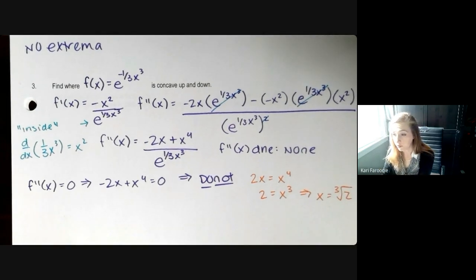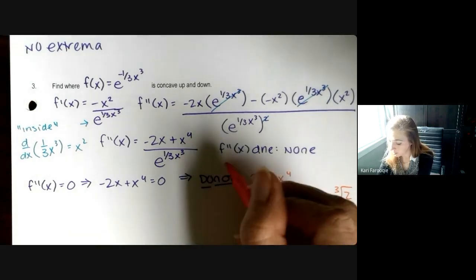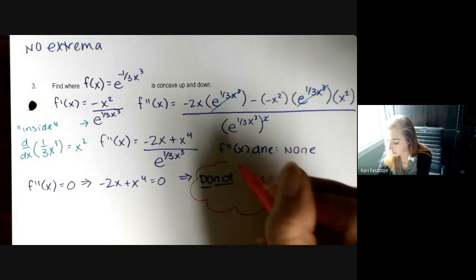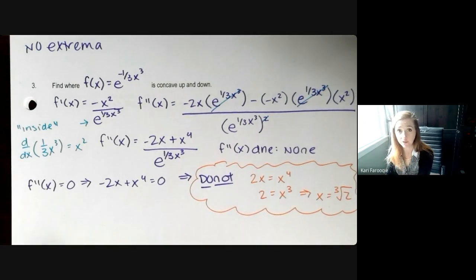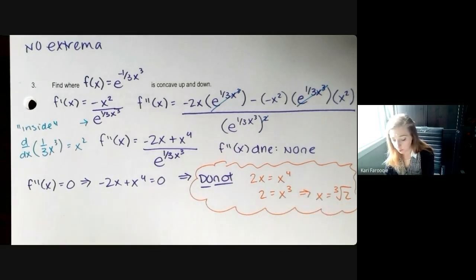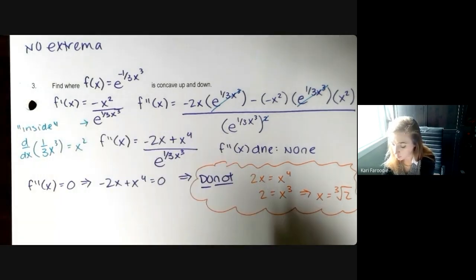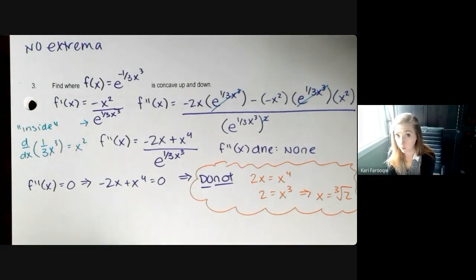That's close. But remember that when you do this, you've canceled out a factor of x on both sides of the equation, and you lost a solution there. So even though, yes, this is going to be one of our solutions, we can't do it that way, or we're going to lose the very valuable solution where x equals 0.